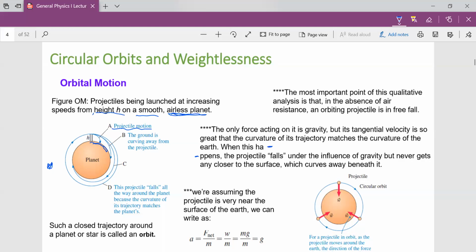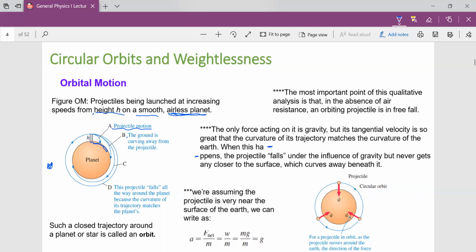It's taking that path and landed here. Now when you increase the speed of projecting the object, you see that object C and object B take about the same curved path. We see the ground curving away from the projectile before the object hits the planet or the ground.